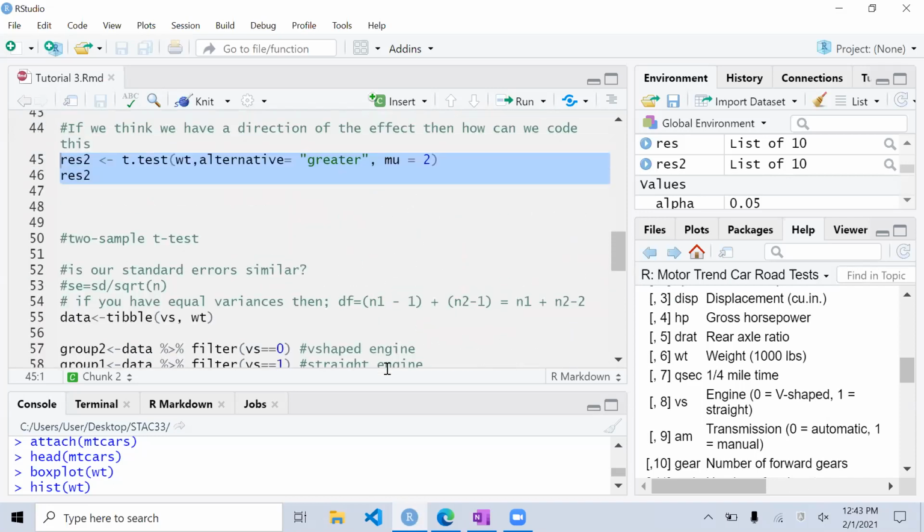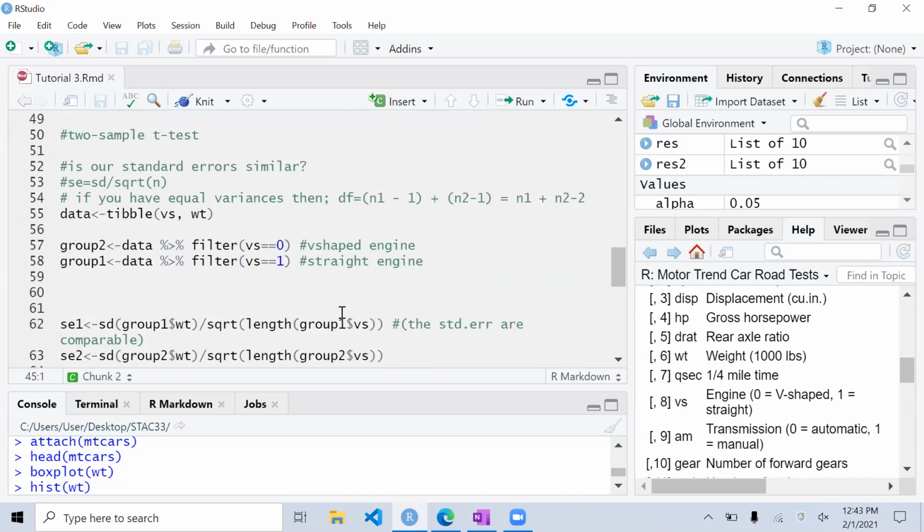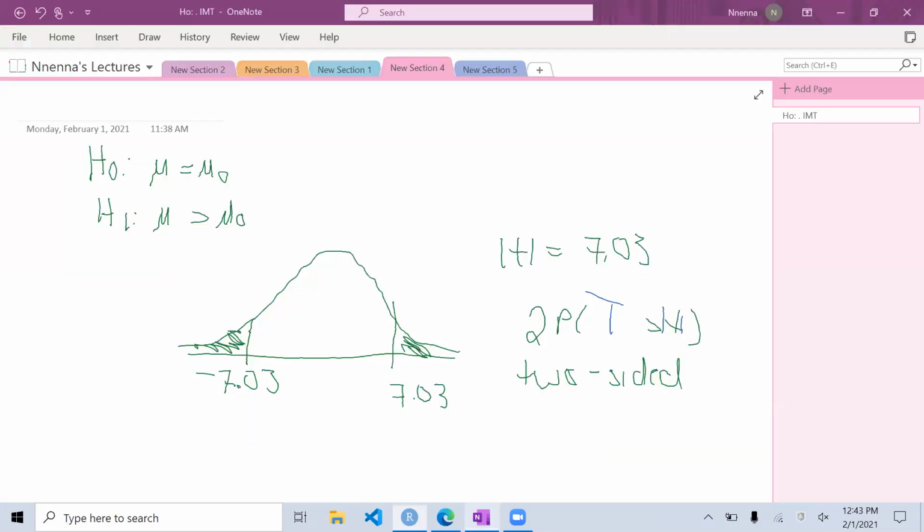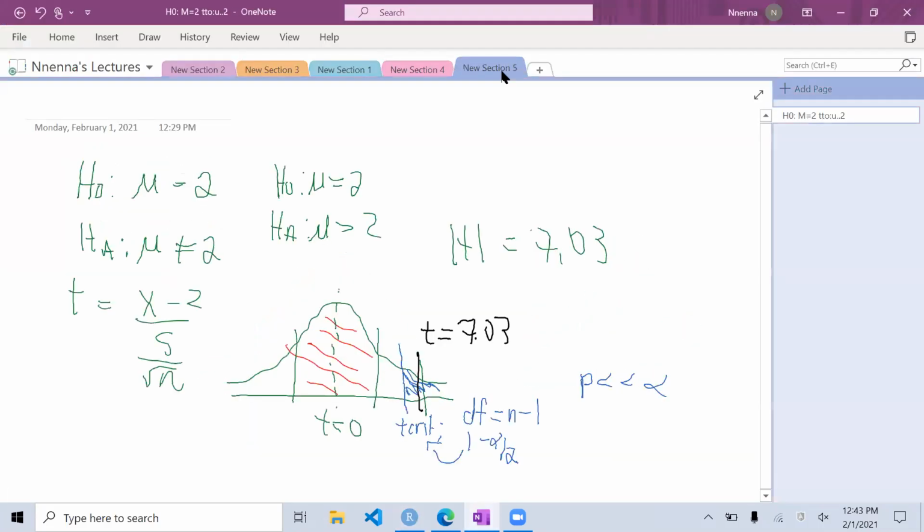So I also want to show you how the actual p-value is generated. Like I said, you're comparing your actual t value to a t critical value. So what t critical value are they comparing it to?